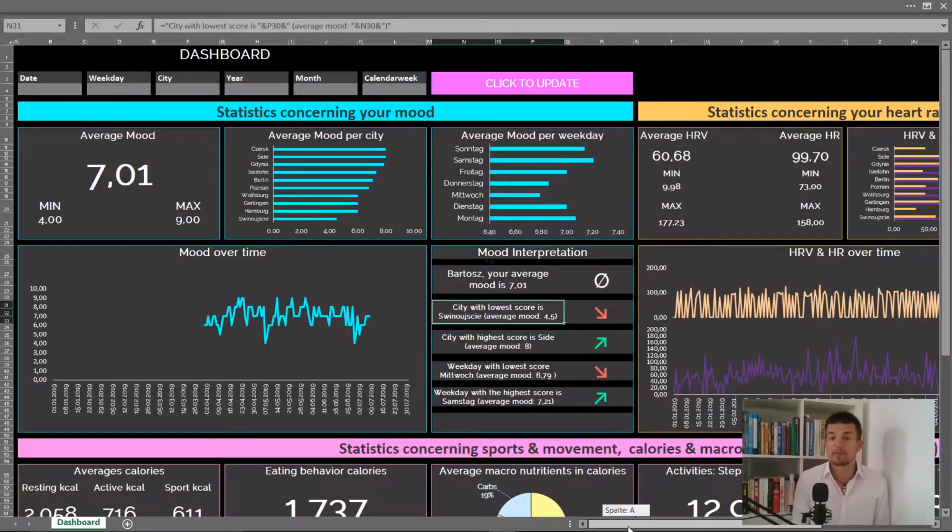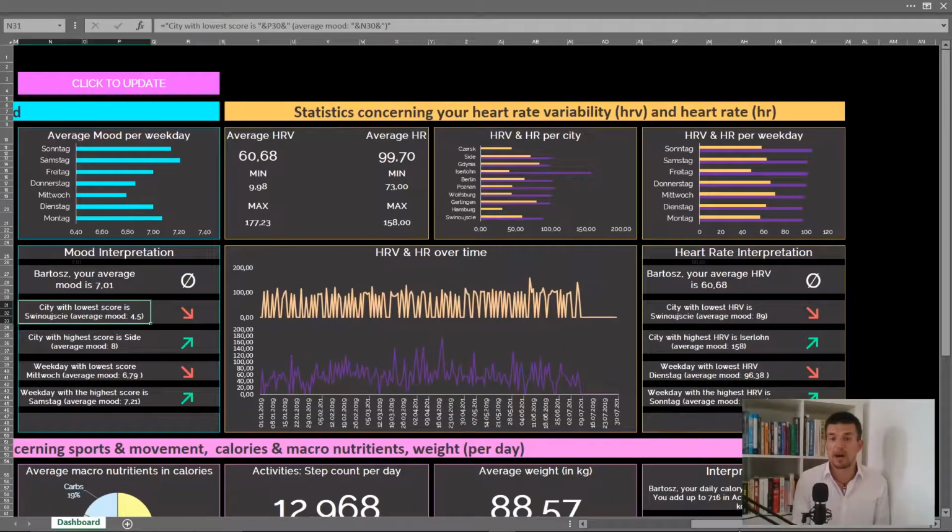And it's the same generally with the other areas. So the heart rate variability, I have the heart rate variability as well as the heart rate, averages, min, max values per city, per weekday, as well as developments and a descriptive analysis.